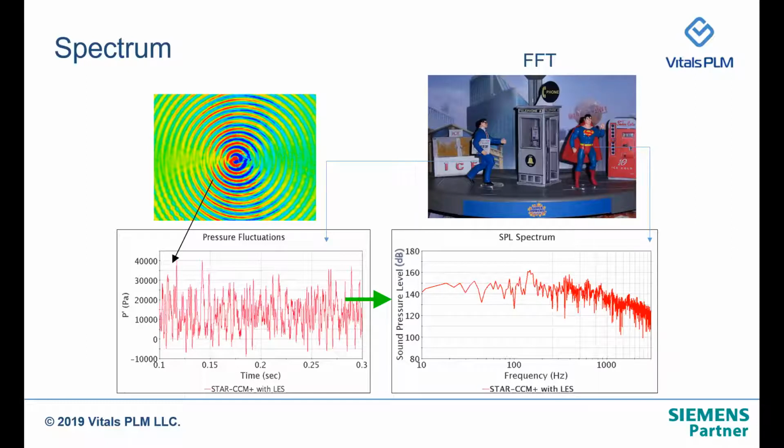Another important term in acoustic analysis is the spectrum. To understand the spectrum, on the left hand side we have a random signal for 0.3 seconds, which we can think of as sound recorded by a microphone at some arbitrary position.